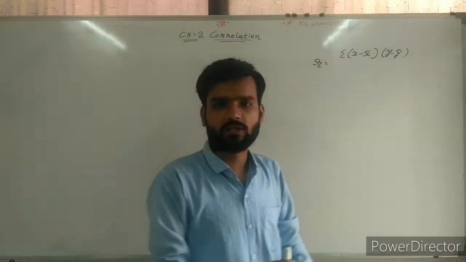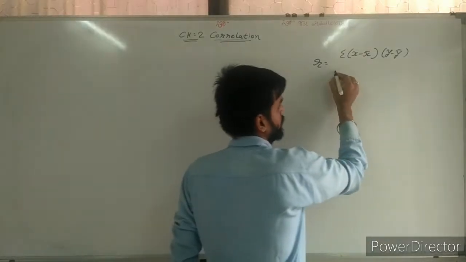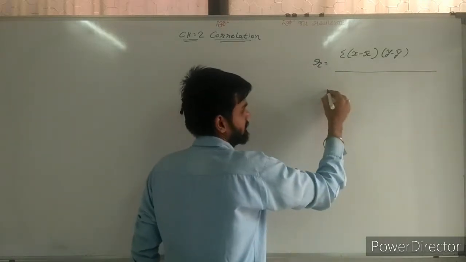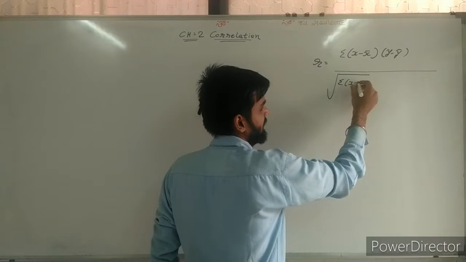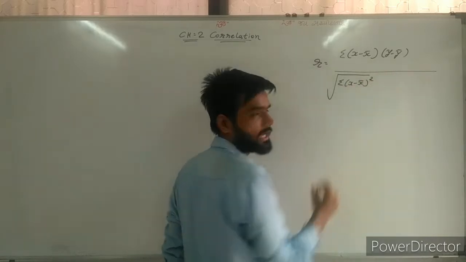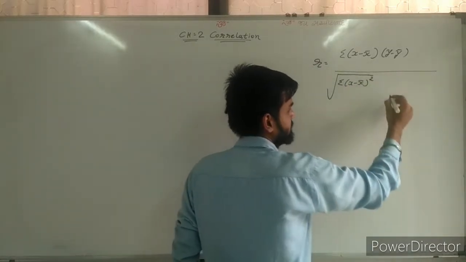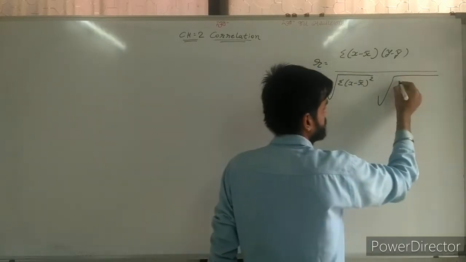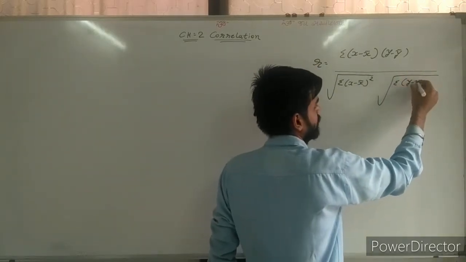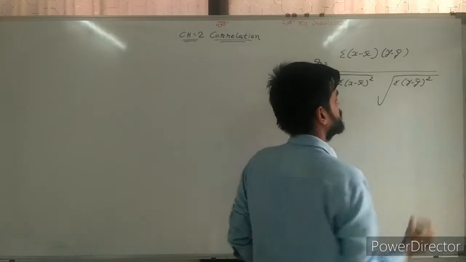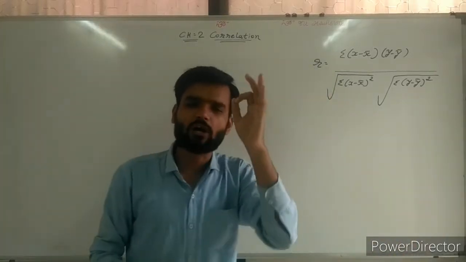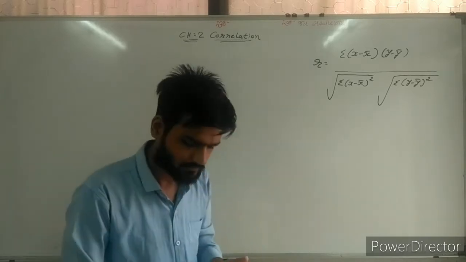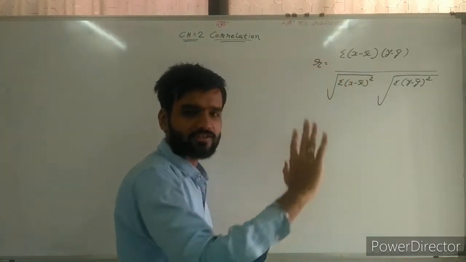That is a very important thing. Divide by under root sigma (x minus x bar) whole square, second under root sigma (y minus y bar) whole square. So this is the old formula of Karl Pearson, which we have learned in the last lectures.